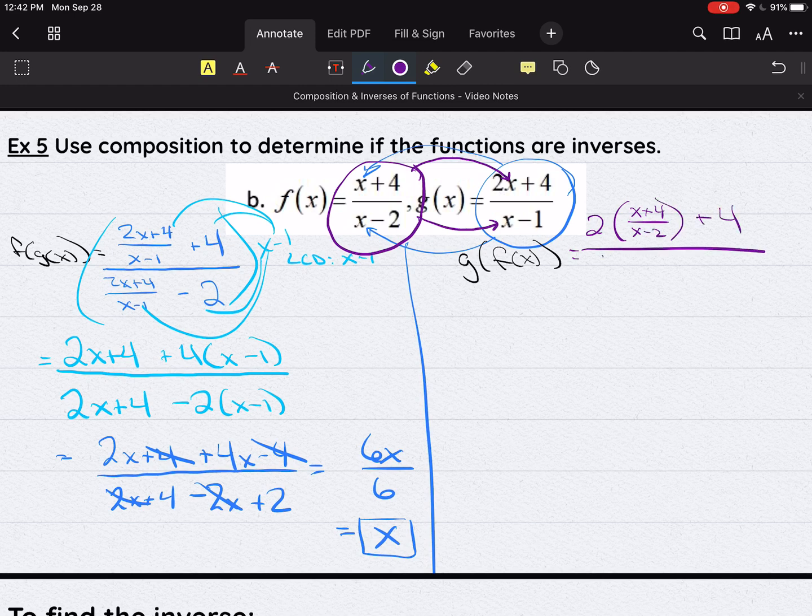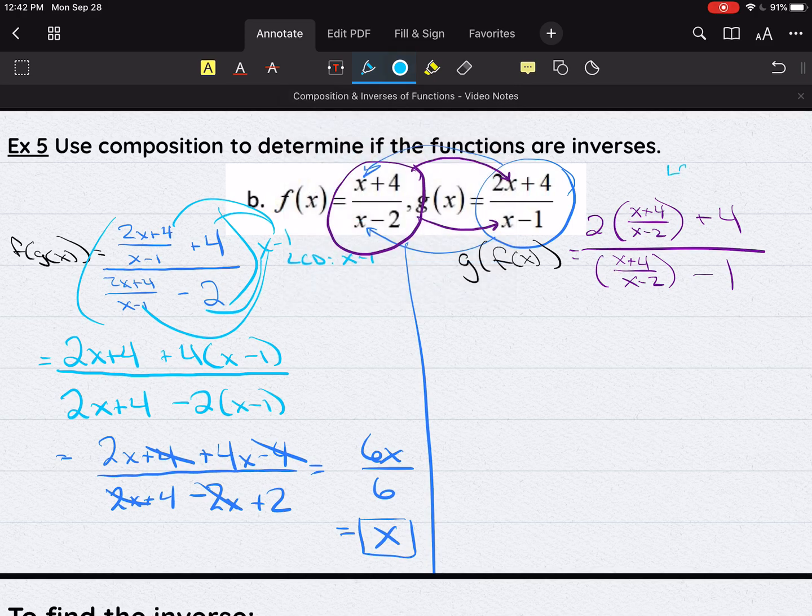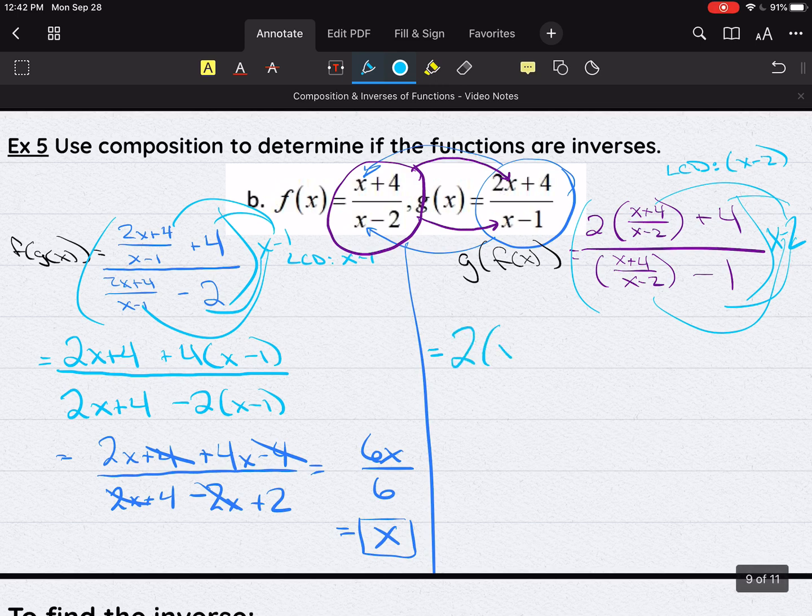On bottom, x plus 4 over x minus 2 minus 1. So again, that LCD this time would be x minus 2. So multiplying everything by x minus 2, I would get that top first piece, the x minus 2's would cancel, and I'd be left with 2 and x plus 4.